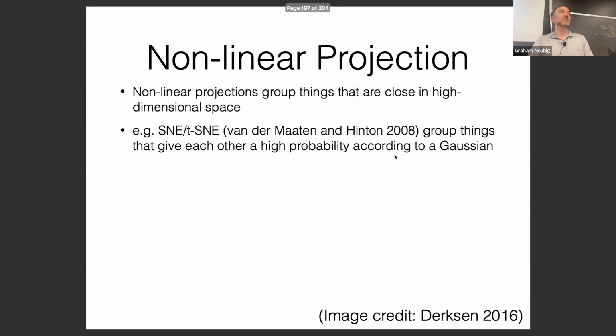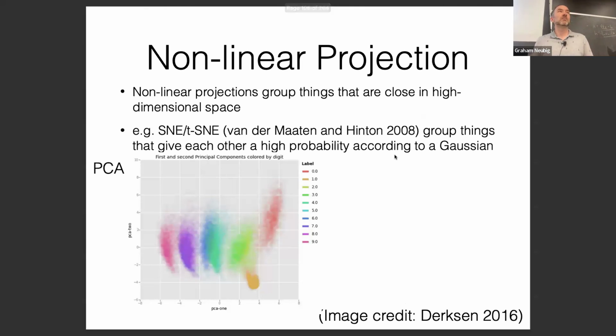The problem with this, though, is it actually isn't super intuitive to visualize a lot of things. And this is just an example where people took the pixels in handwritten characters and did a PCA over them and visualized them on 2 dimensions.